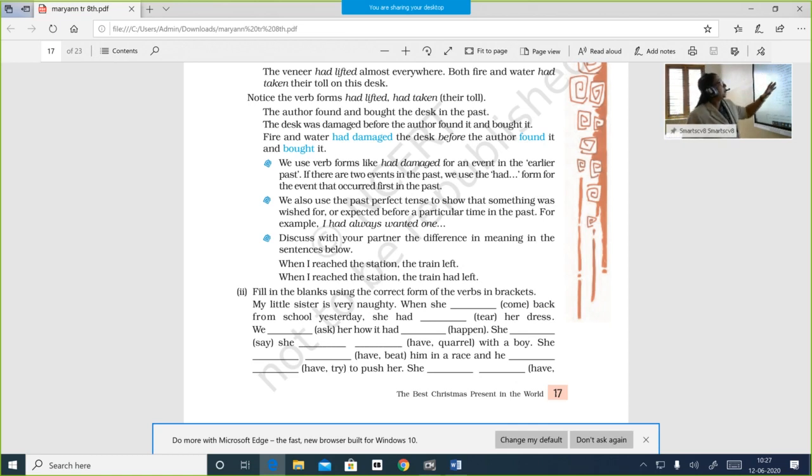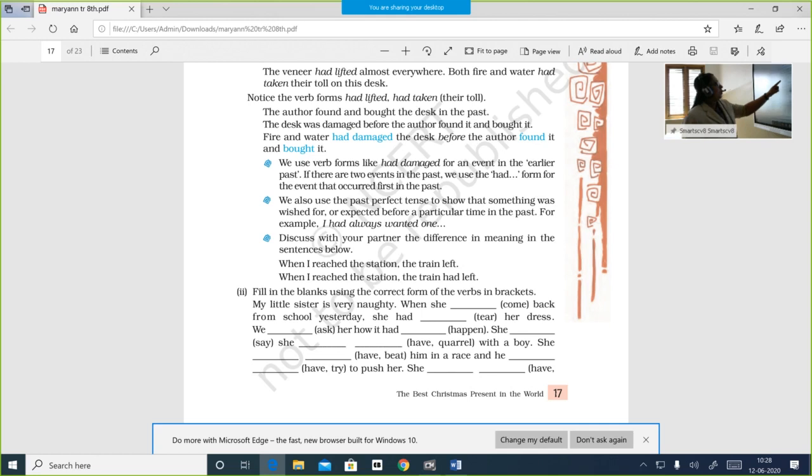Next is to show what you expected in the past, before a particular time in the past. I had always wanted one. There will be a particular time in the past, and before that particular time, I had always wanted one. Teacher had always wanted students like you.